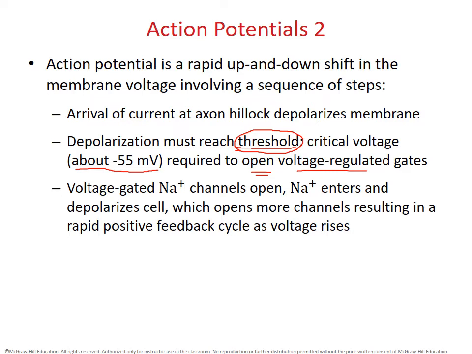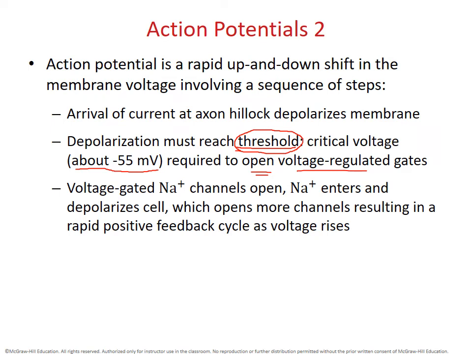So this threshold is not a constant minus 55 everywhere. What is generally constant is that the threshold level of depolarization is about 15 millivolts less negative than resting membrane potential. That is the one consistent thing we can say.